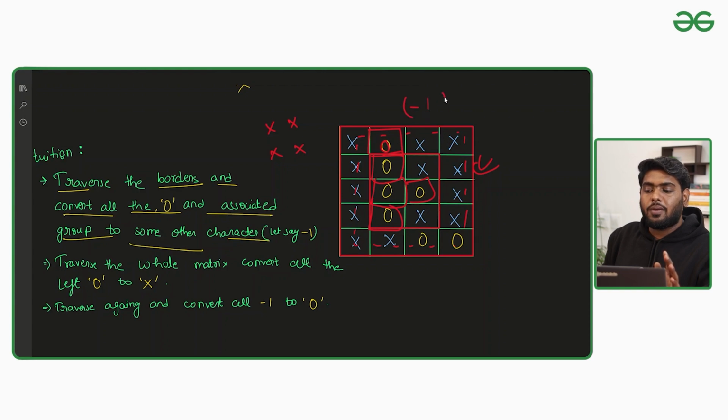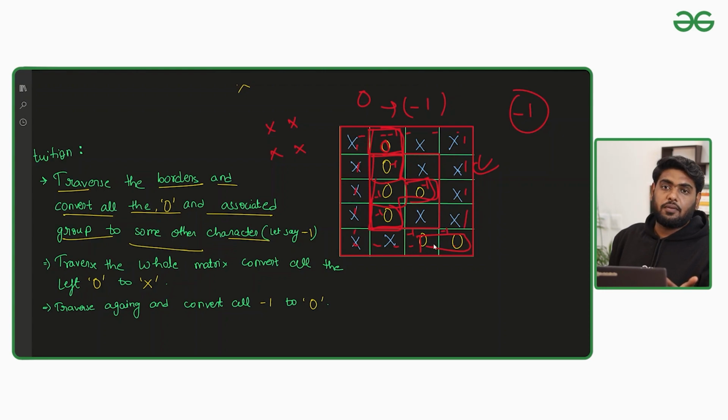Let's say I convert it to -1. So all the O's connected to this O will be converted to -1. That means this whole set will temporarily be -1s. For these two as well, because these are at the corner, touching the edge, these will be converted to -1 as well.